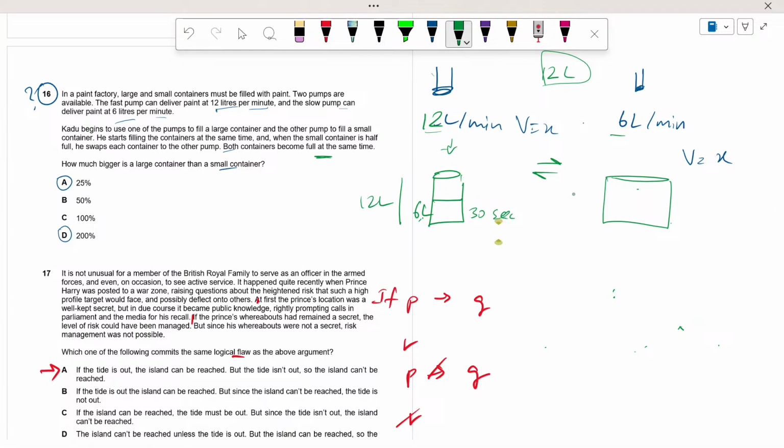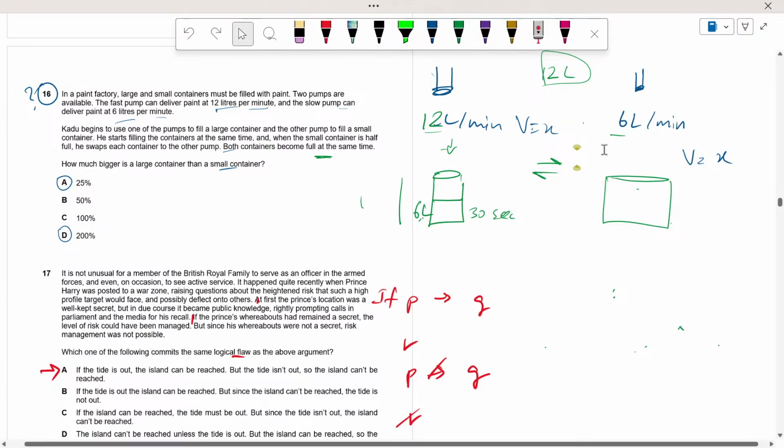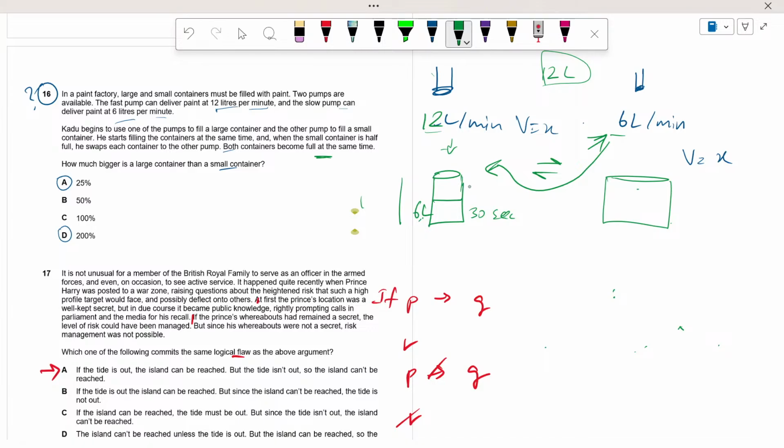Now I swap it. Now I'm using this pump, this 6 liter pump. But while the other pumped for 30 seconds, remember, we were using the 6 liter pump for the larger container.